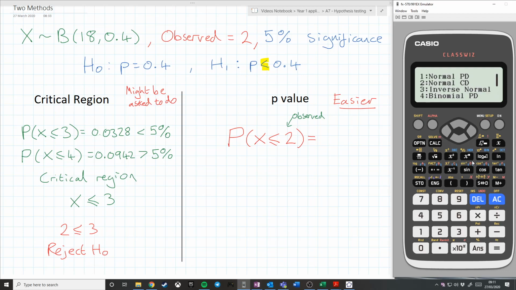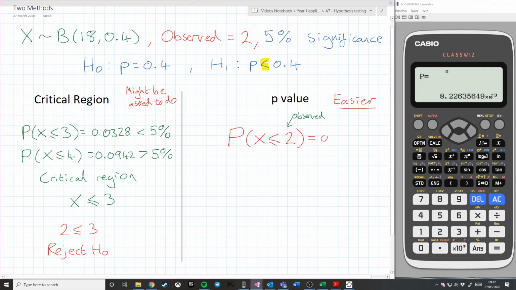So you would go into here, you'd go to binomial CD, just variable, and you'd calculate less than or equal to 2, so 2 for x, n is 18 and p is 0.4, and you would just get that result, which is 0.0082.